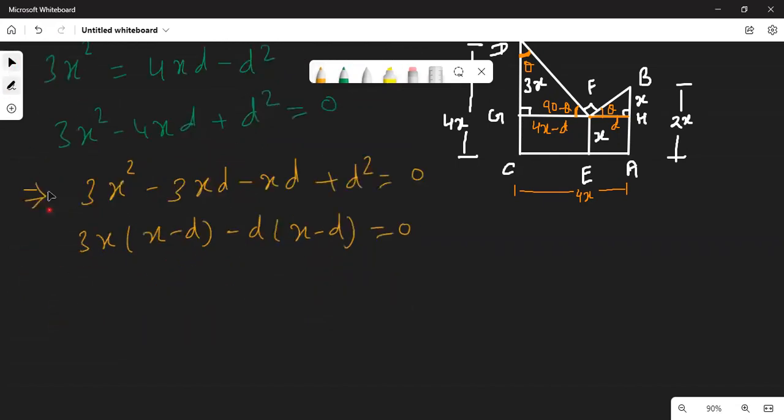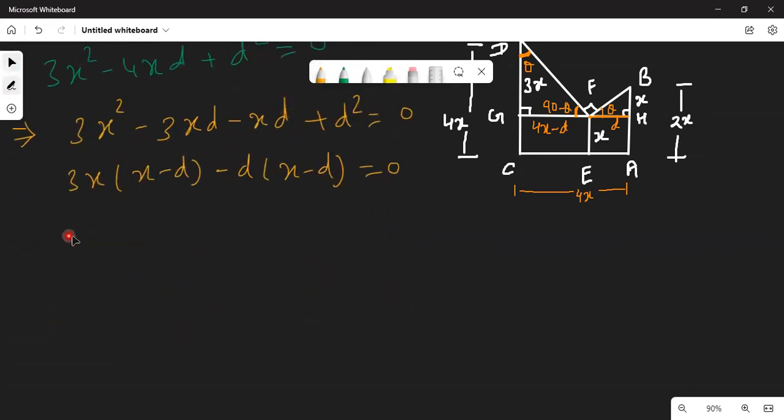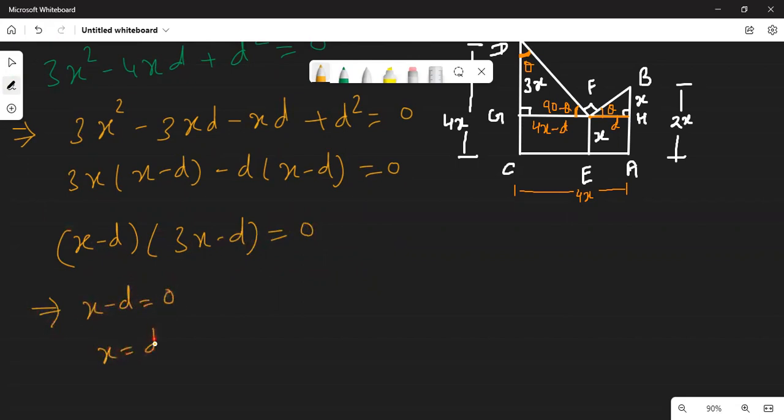So x minus d times 3x minus d is equal to 0. This implies x minus d is equal to 0, so x is equal to d, or we have 3x minus d is equal to 0. That means x is equal to d over 3.